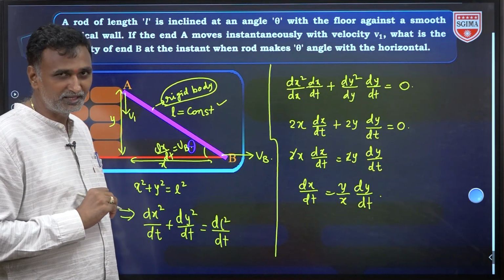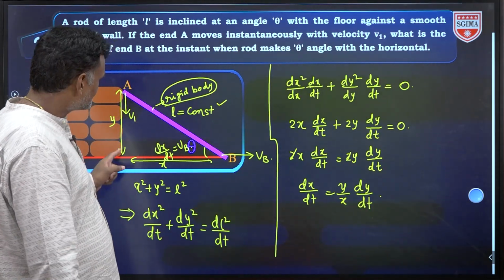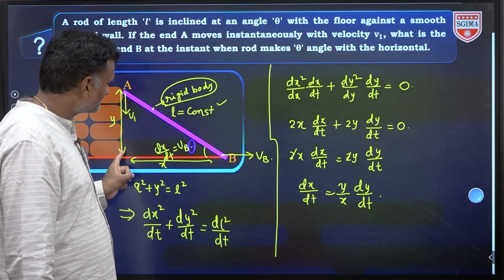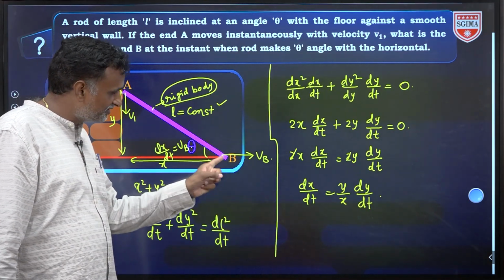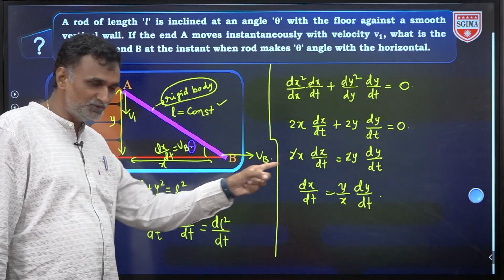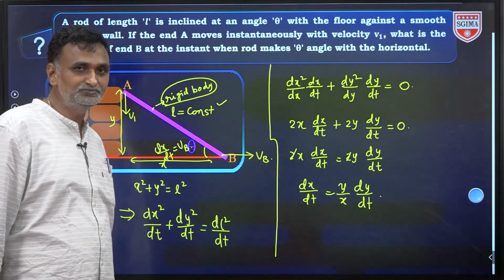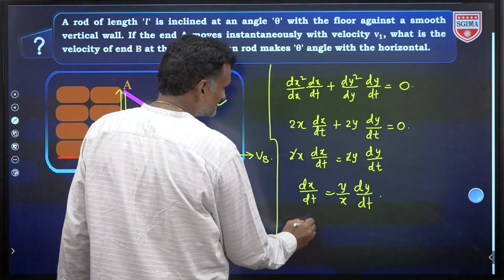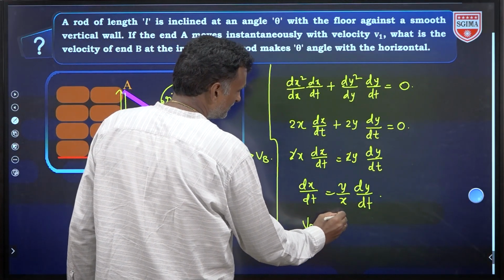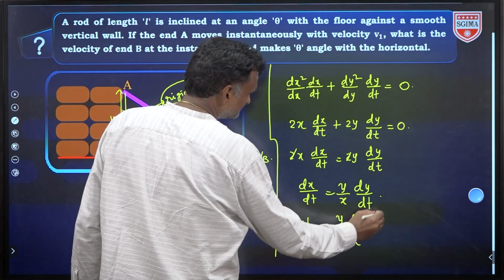And as time is passing, end B is moving to the right side, which means the length x is increasing, so we have a positive value. So, we can write simply Vb equals y by x.